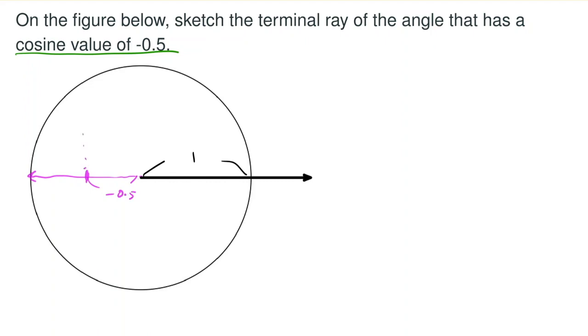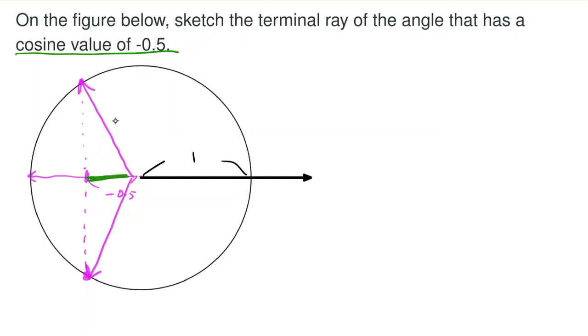So the angle that ends in a terminal ray right here, like here or here, for example this angle or this angle, they both have the same terminal ray, or this angle. So angles with these two terminal rays would give us cosine of negative 0.5.